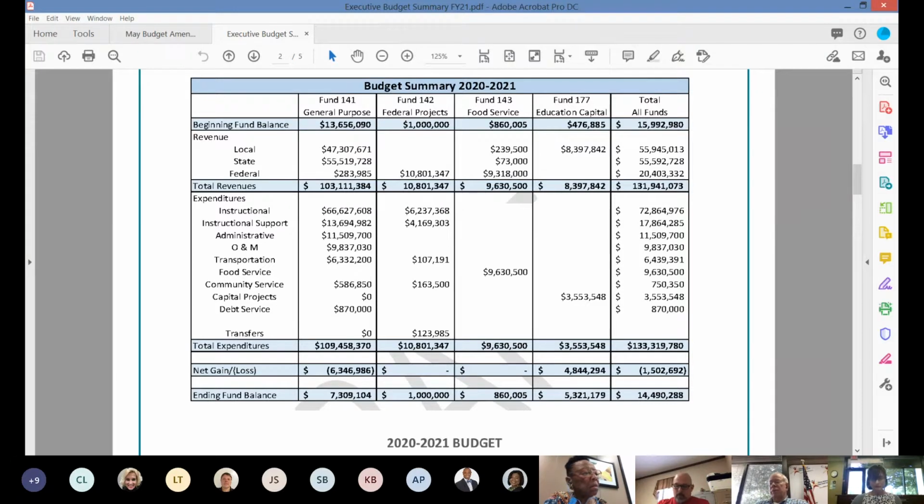Now that's the budgeted revenues and expenditures as compared to the proposed actual expenditures and revenue, and we'll get to that in a minute. Fund 142, 143, and Education Capital 177 are also listed there.